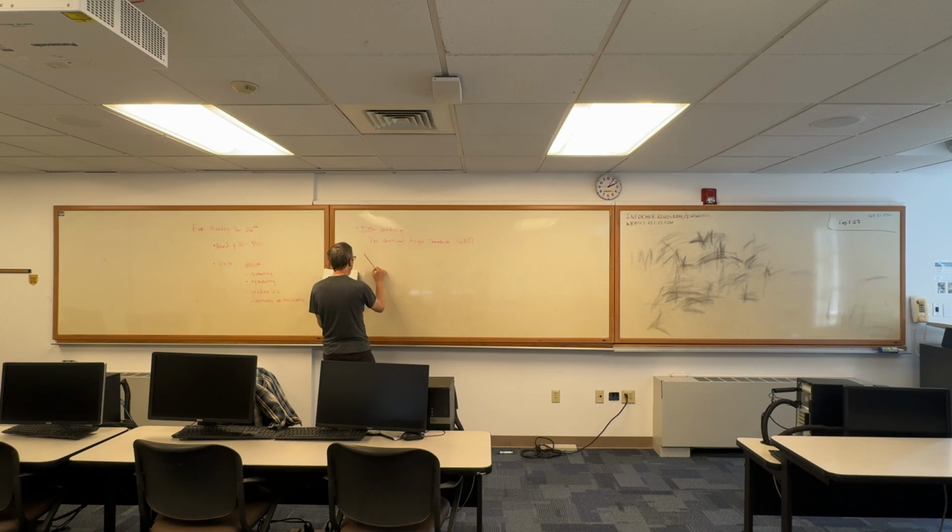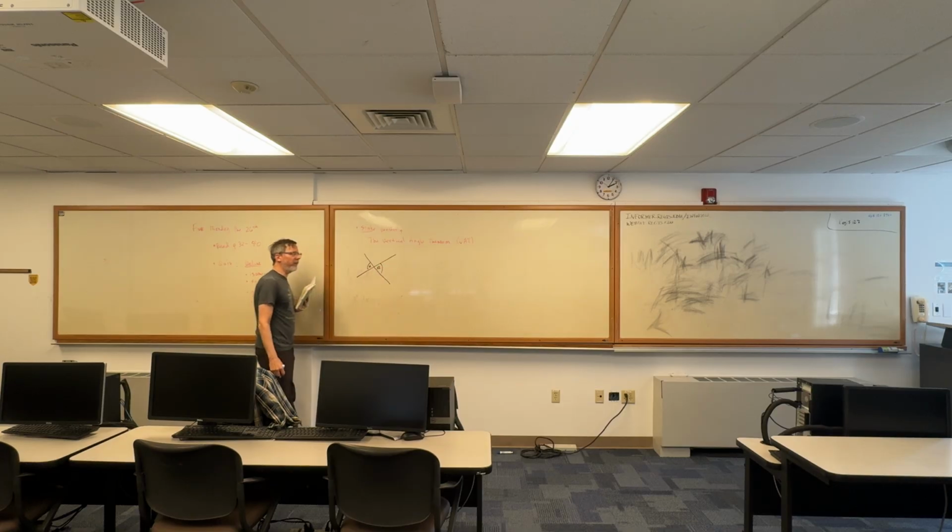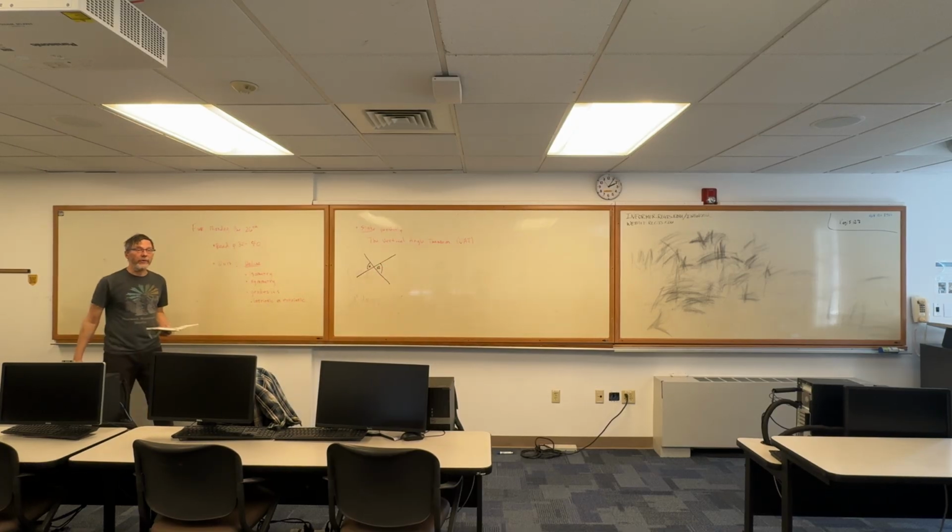So first off, there's a picture, and it's 2 lines crossing with an alpha and a beta inside there. What do you think is true about those 2 angles? The same. Same angle. That's the theorem. But we're going to say it like it says in the book. We're not going to write, they're the same. That's not a statement of the theorem.